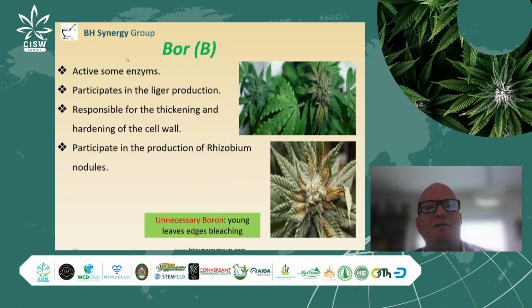But we need it to activate some enzymes and for some leachate production. It thickens the cell wall. But if we have too much, it can be toxic and it can kill the plant itself. Look at what too much boron does to young leaves.